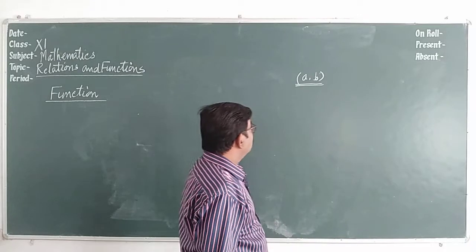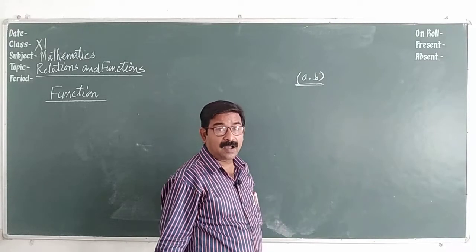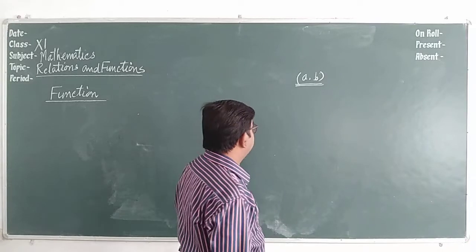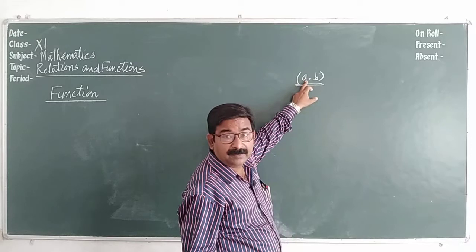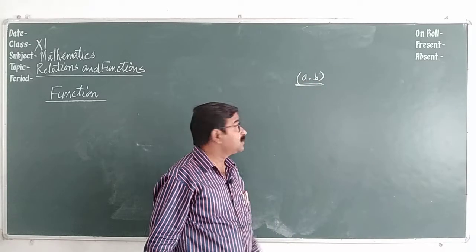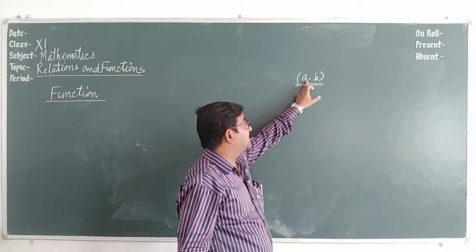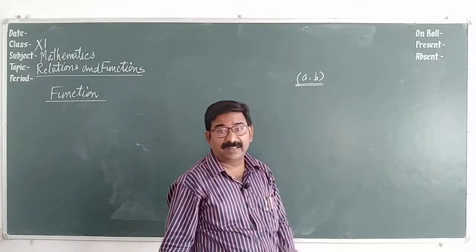Got it? So in case of coordinates, first one is abscissa, second one is ordinate. Means A is on x-axis and B is on y-axis.